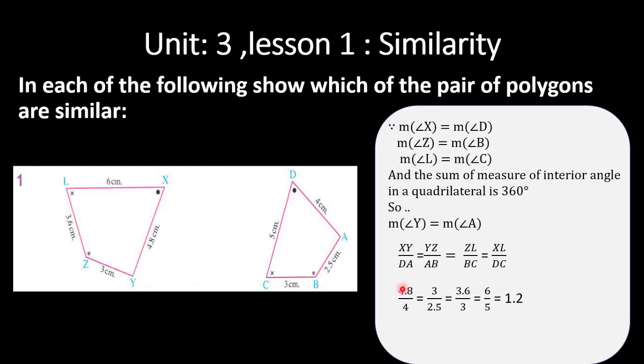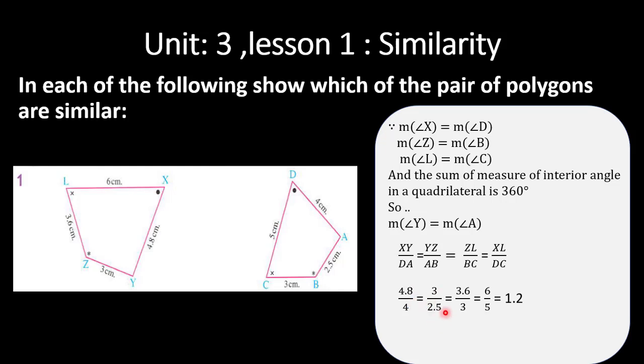XY over DA: here XY, the corresponding side is DA, so XY is 4.8 and DA is 4, so 4.8 over 4. What about YZ? YZ corresponds to AB, so 3 over 2.5.